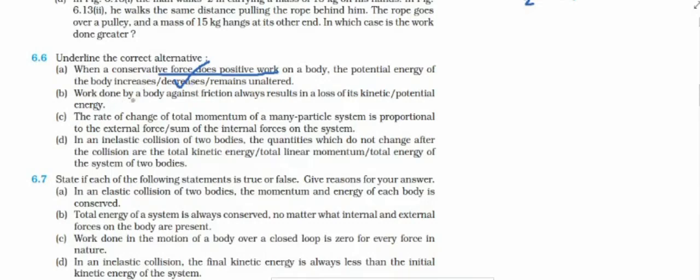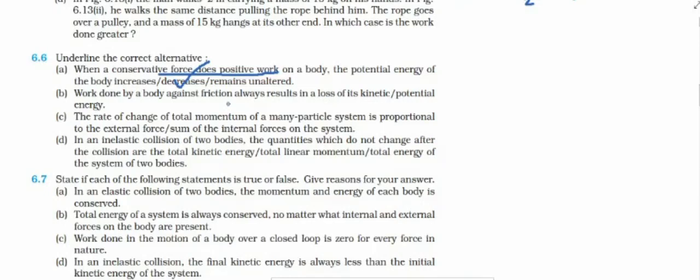Now, case B. Work done by a body against friction always results in a loss in kinetic energy. Friction acts when the object is in motion or impending motion.